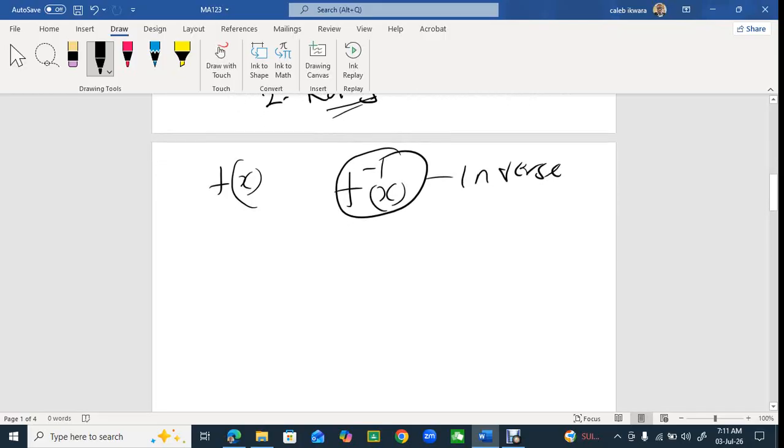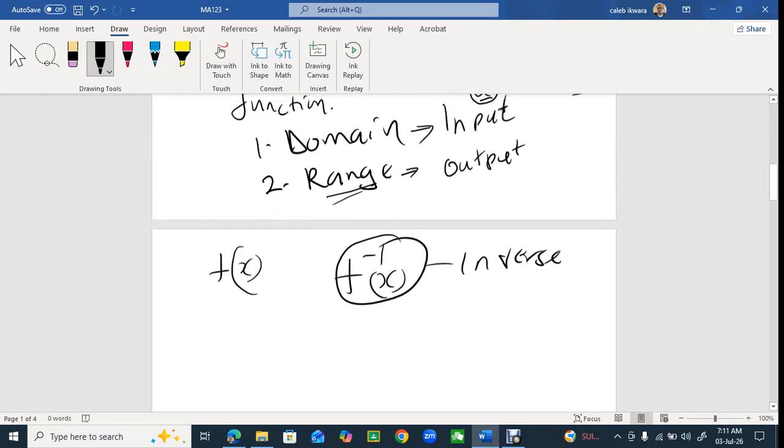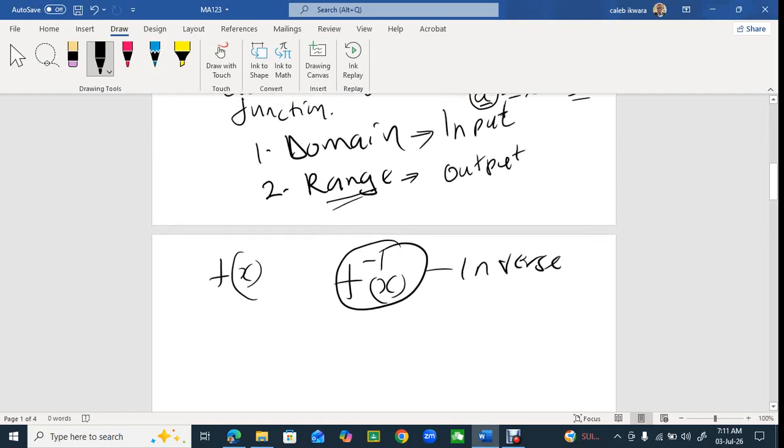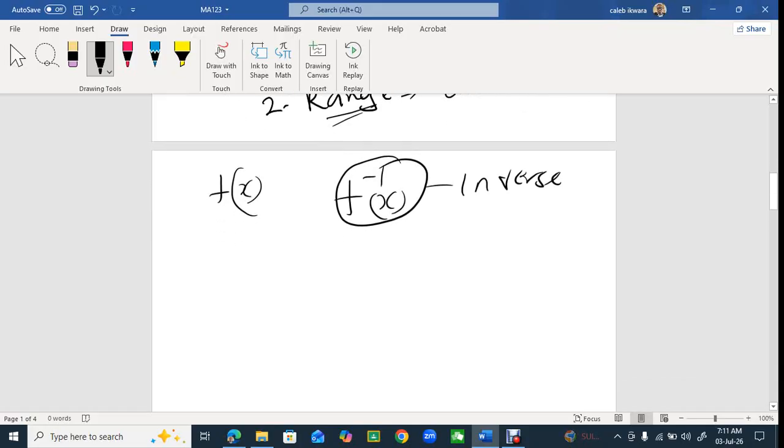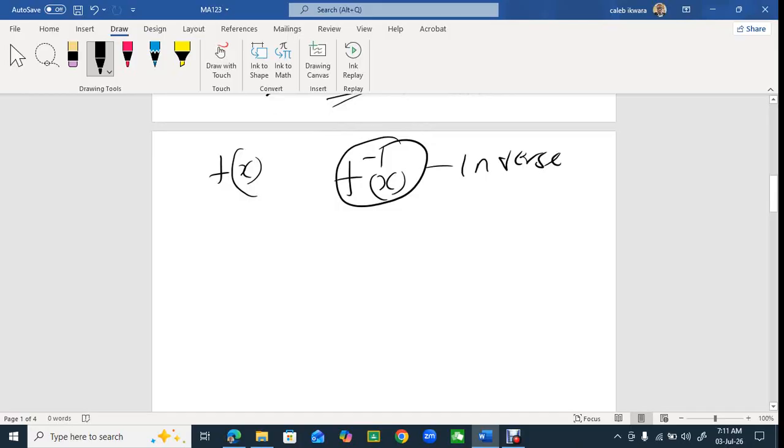As we said again, in a normal function f of x, the domain is the input and the range is the output. But now there are some key points that I want us to write down, key points about the inverse function.